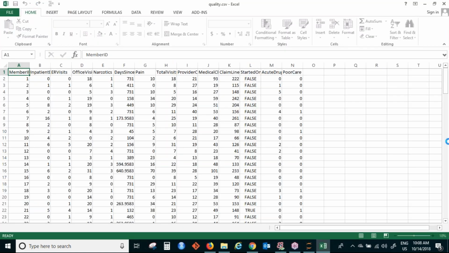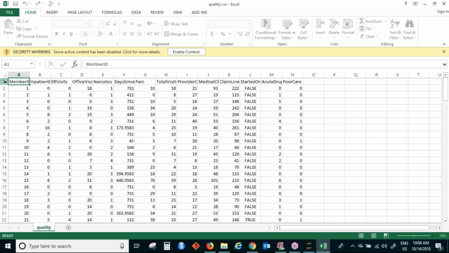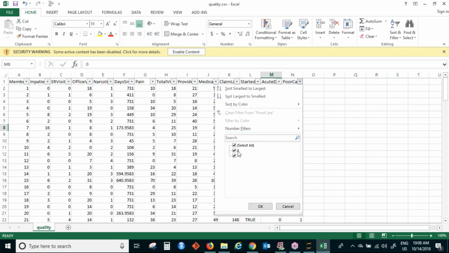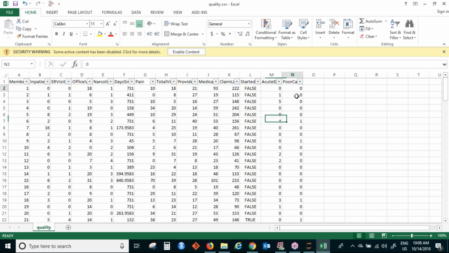This is the data that we have. In Excel, I can easily show it to you. You can see this value, poor care, which is the dependent variable. It has only ones and zeros, and what you predict will also be ones and zeros.